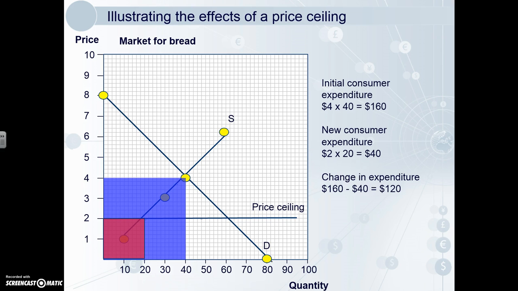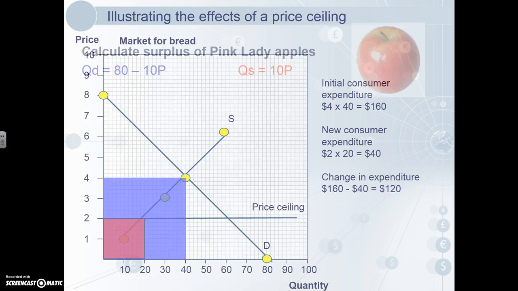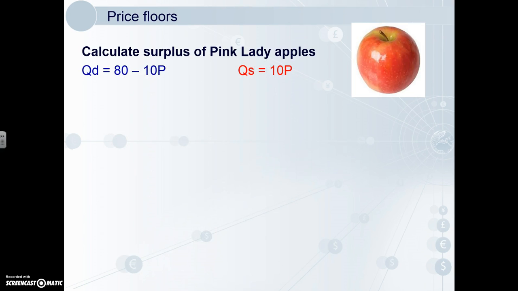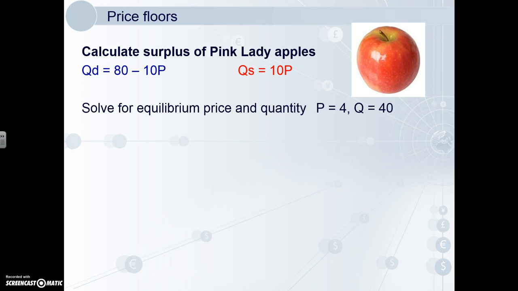We'll move on to price floors now. So here we're looking at the equations for a kilogram of Pink Lady apples. You need to first solve for equilibrium. Done that plenty of times, so that's done. Then we'll sub in the price floor.